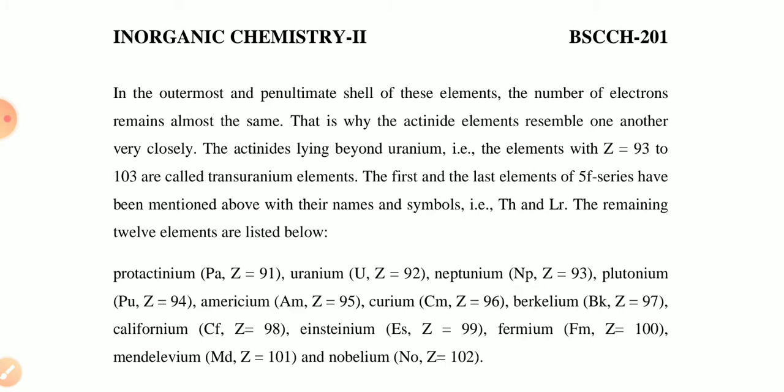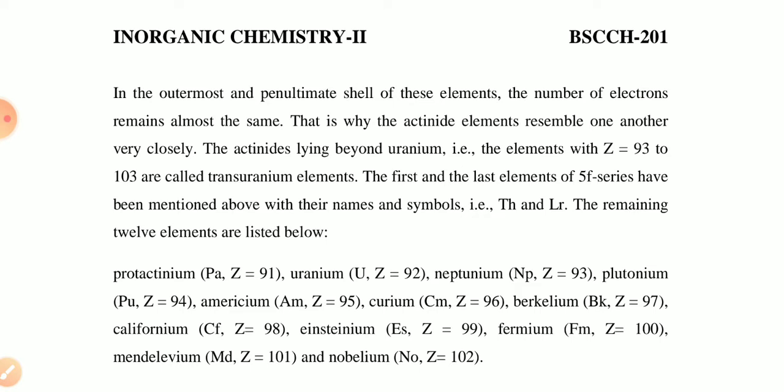The actinides lying after uranium, the elements with atomic numbers 93 to 103, are called transuranium elements.